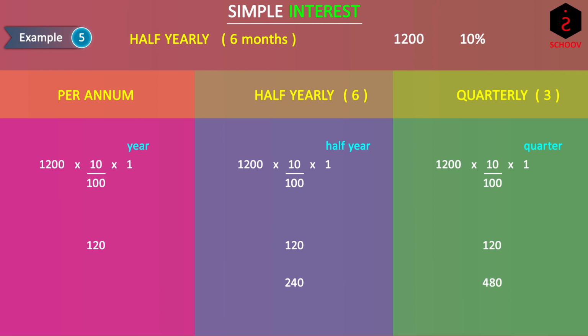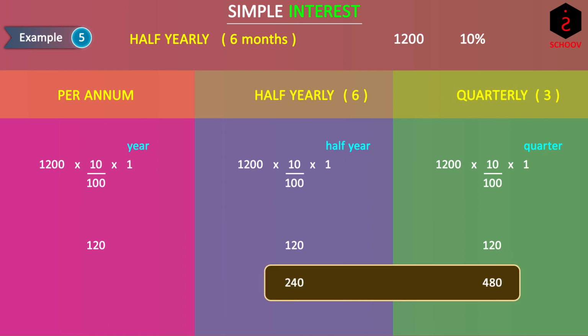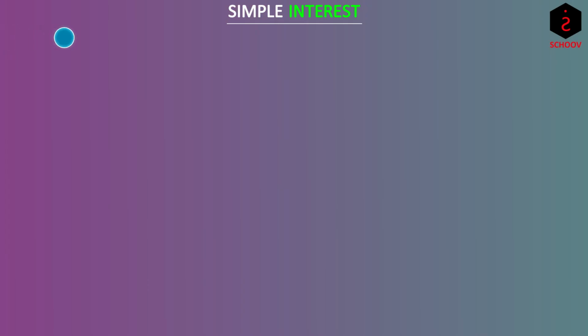So you can see that per annum is so important. You must look for that in the question, whether the rate is per annum or not. Because when rate is not per annum, it is for the less period, half year or quarter, the interest to be paid is more.